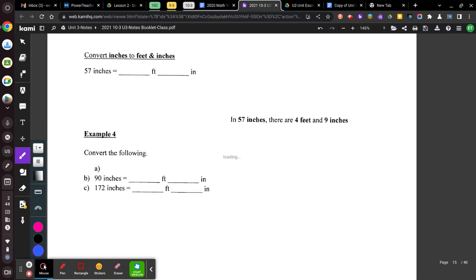Okay, now we're talking double conversions. Double conversions takes 3 steps. Okay, so we want 57 inches.